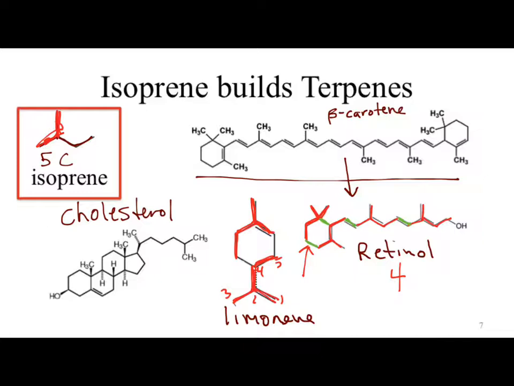Okay? I don't think I would ever give you cholesterol, by the way, just so you know. Okay? But in theory, you should be able to go through and find the isoprene units within that, just like you did for the limonene and for the retinol. Okay? The textbook talks a whole lot more about how cool these things are and that kind of fun stuff, so you can read about that.